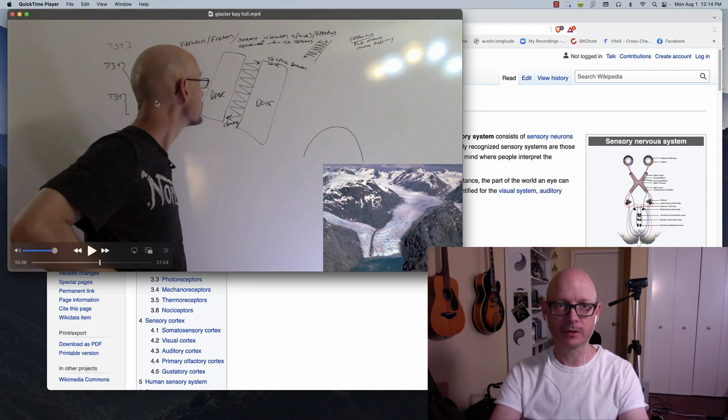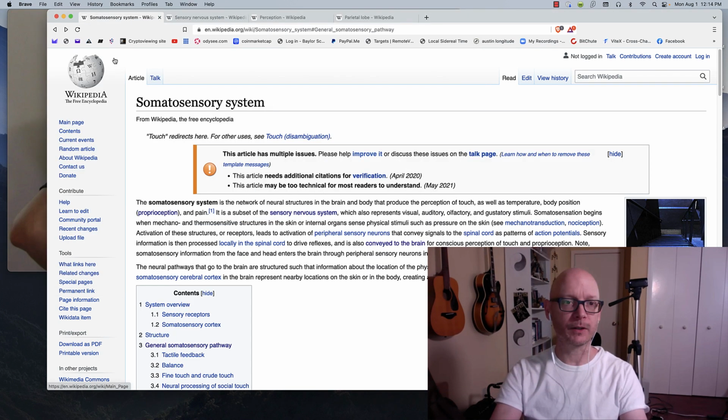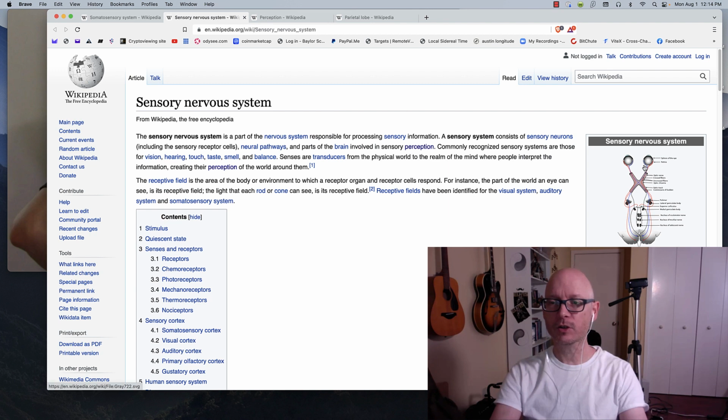But then what happens? Then we have to move to the sensory nervous system and other elements here with these really fun names that I'm finding in my research. Somatosensory system. But this is a great illustration right here of the sensory nervous system. Typical sensory system, the visual system, illustrates the classic Gray's Anatomy.